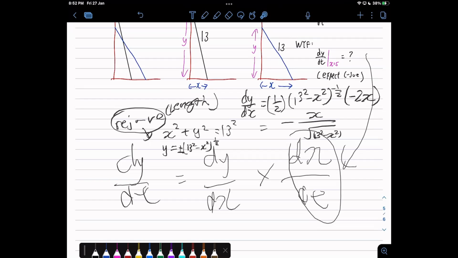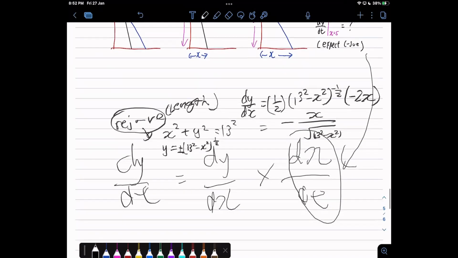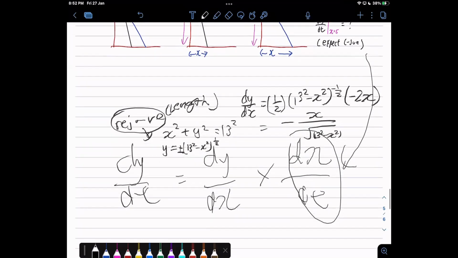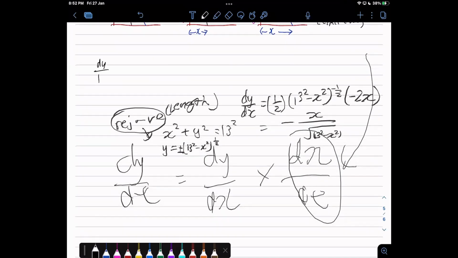So it's a negative. I'll just write it down somewhere where I have space. Okay, so dy by dt equals dy by dx times dx by dt. Don't erase first. dy by dx is negative x over square root of 13 squared minus x squared.